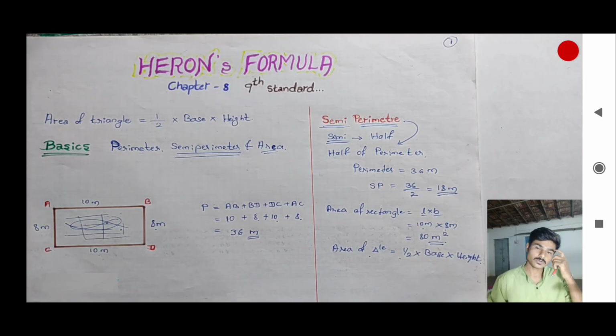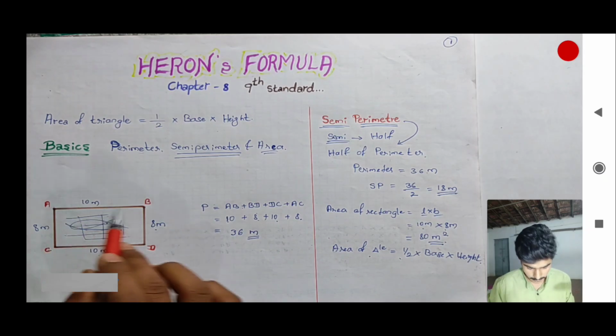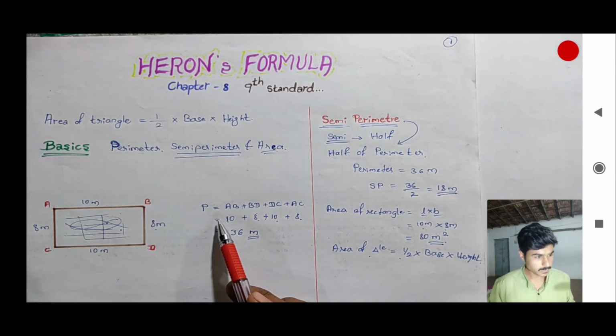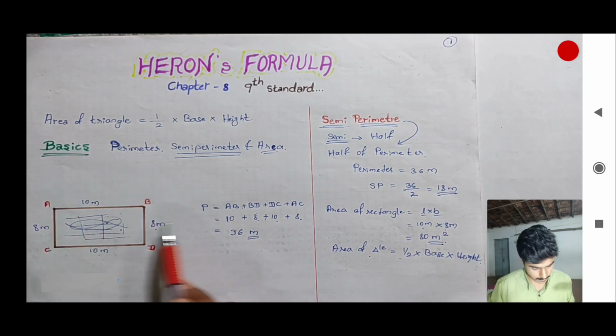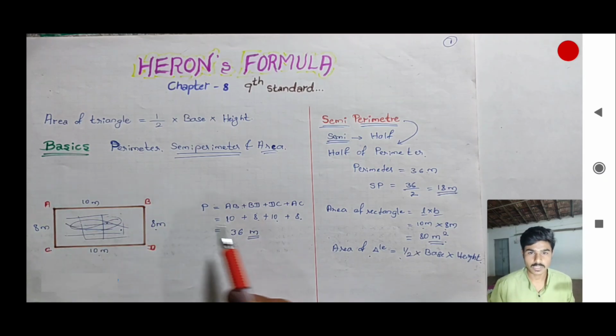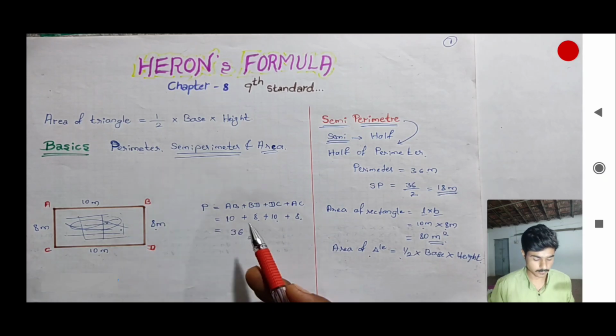To find out the perimeter, we need to add all the lengths of the sides of the rectangle. Perimeter P will be equal to side AB plus side BD plus side DC plus side AC. I have substituted the values here.